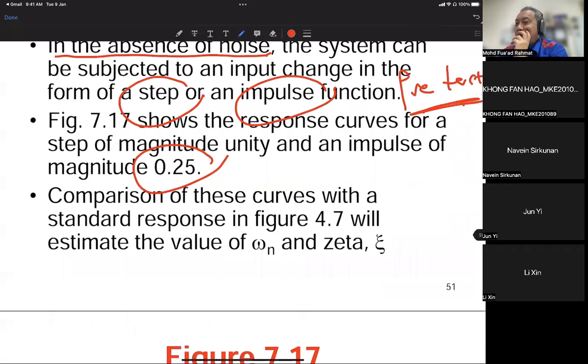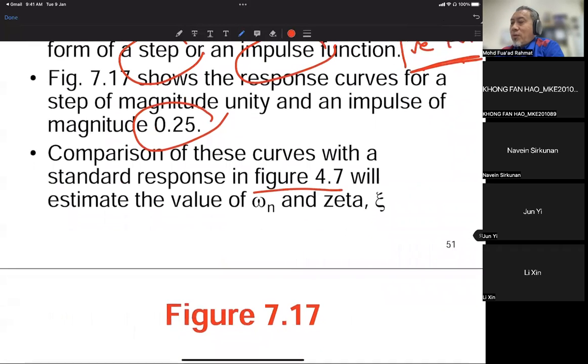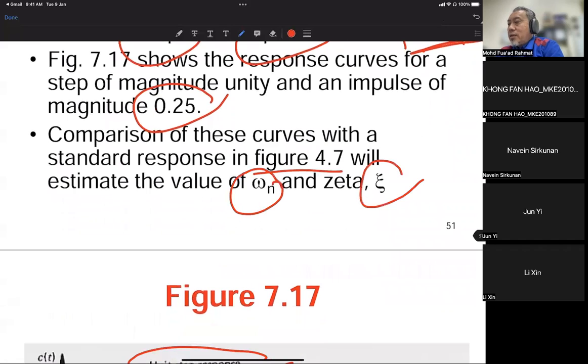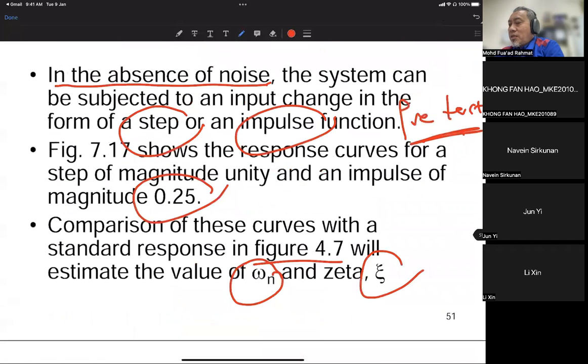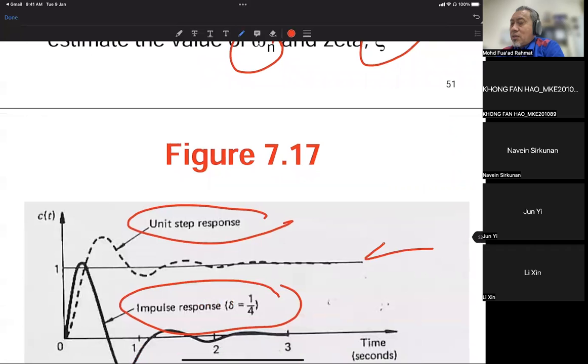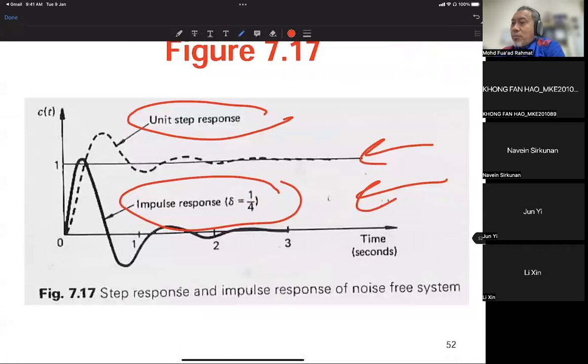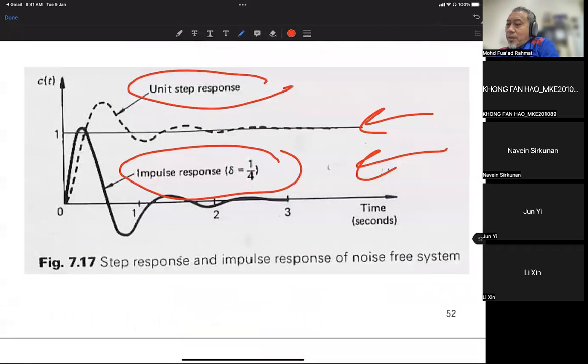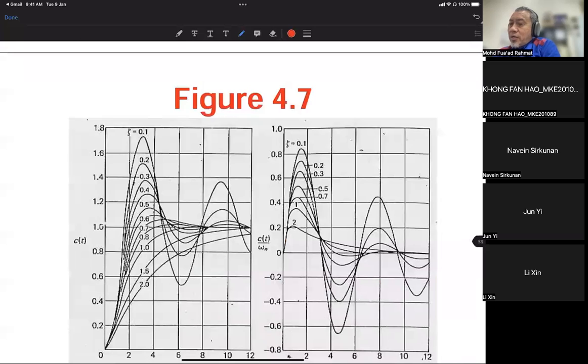Comparison of this curve with the standard response in figure 4.7 will estimate the value of omega n and zeta. That's why when we do this pre-test and obtain the response of the step and the impulse, we compare these two transient responses with the standard curve.